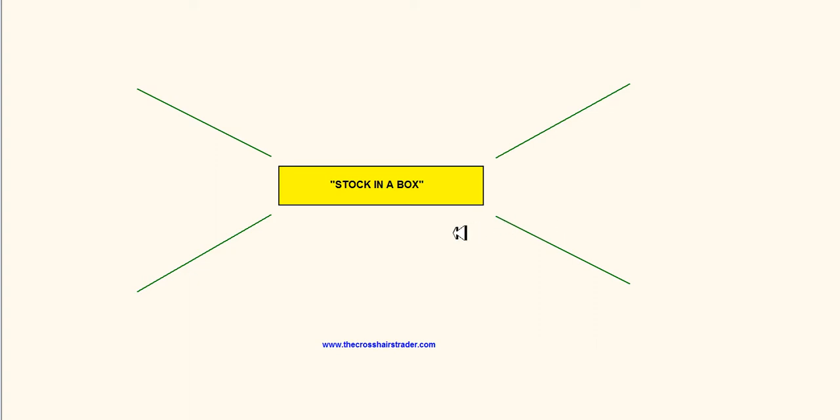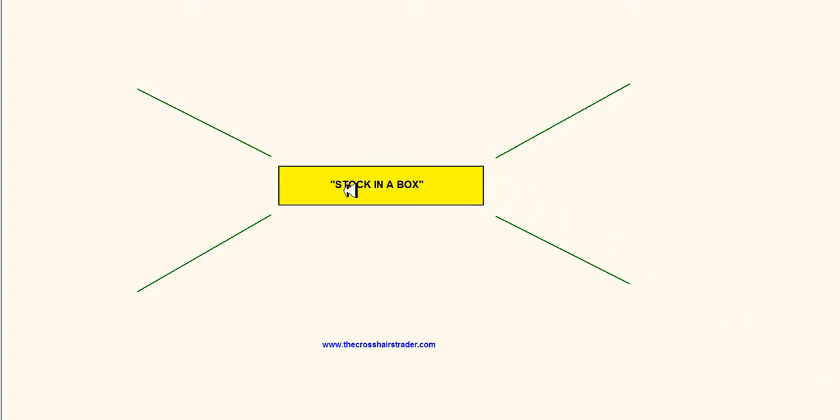And so we're going to take a look at examples of stocks on both the daily and the weekly chart, because we look at both. The bigger charts, we're going to take a look at examples of stocks in boxes on the daily and weekly charts, and sometimes a combination of both depending upon how long this consolidation has taken place.